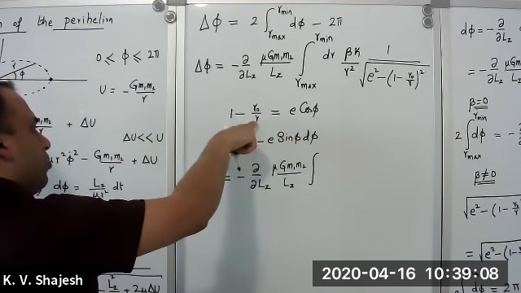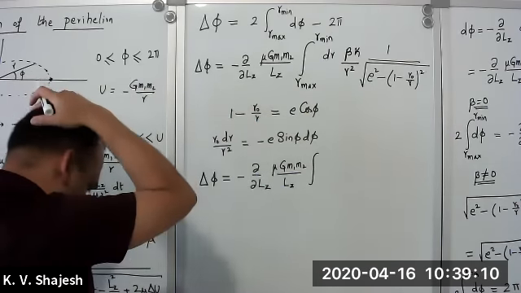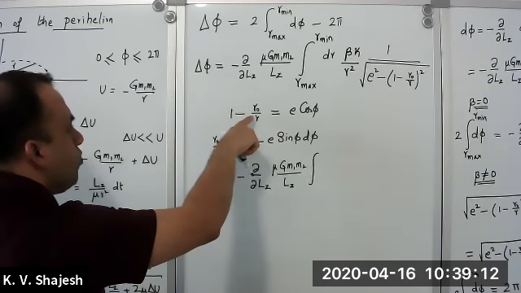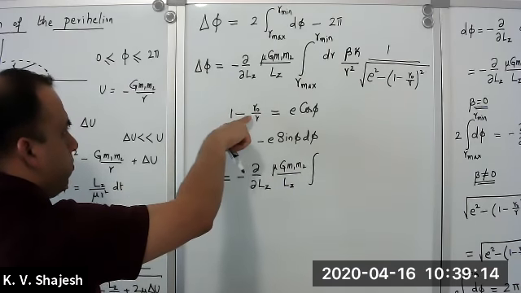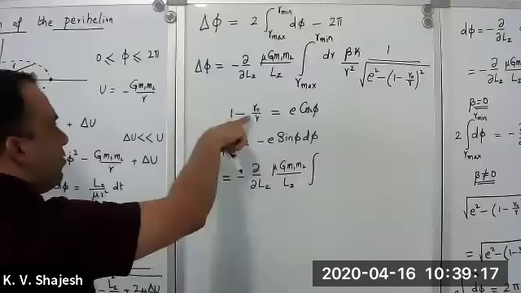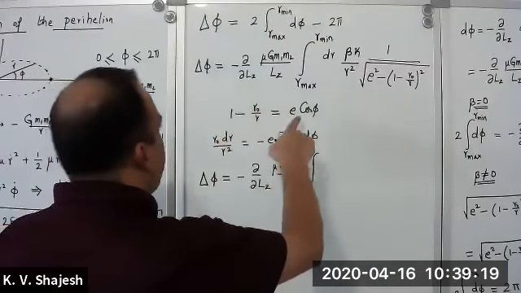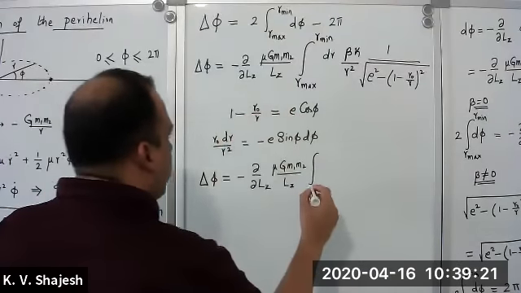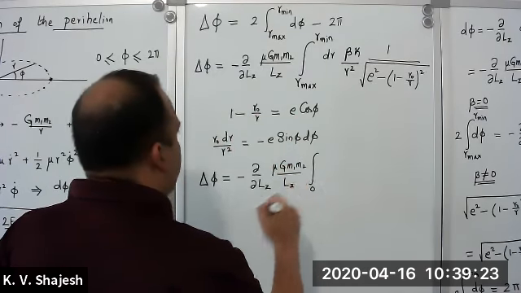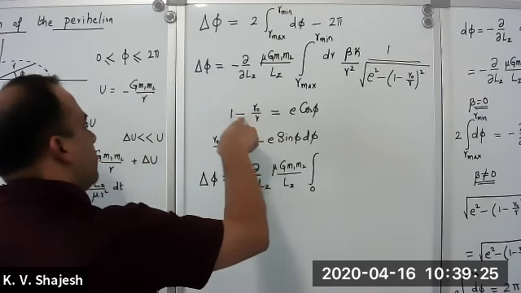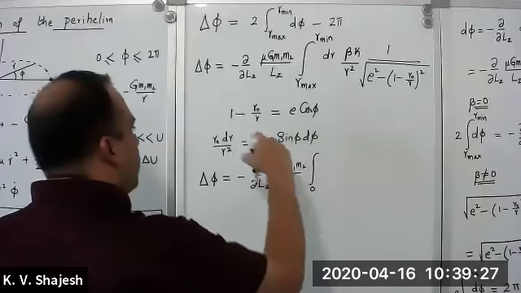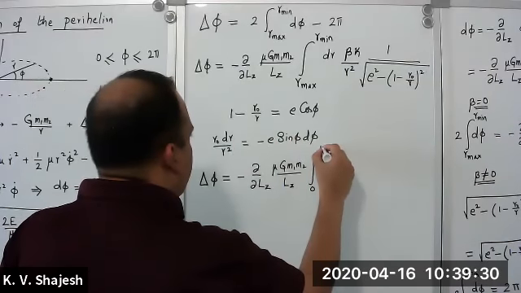When r is equal to r naught over 1 minus e, e cancels out, so that's phi equal to 0. And when it is the other way, cosine phi is minus 1, so that's pi.